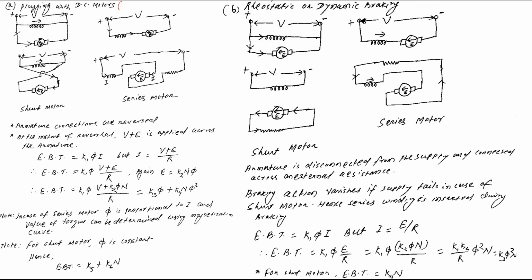First we can see here the polarity, it is going like this. This is shunt, this is series. So this is going to convert in this way. How is series going to convert? We take the wire from here and connect it here, and we take the wire from here and connect it here.